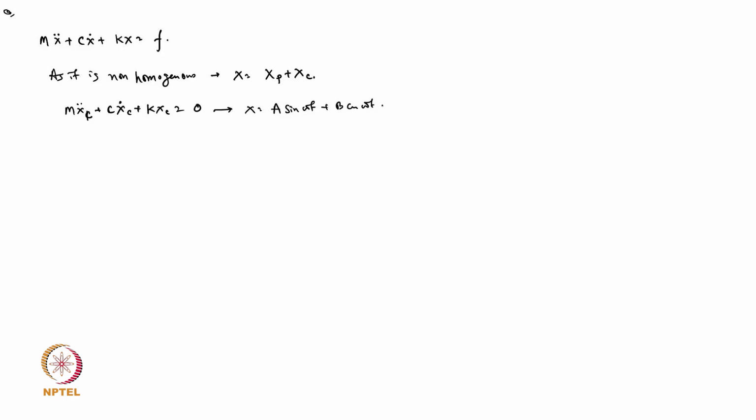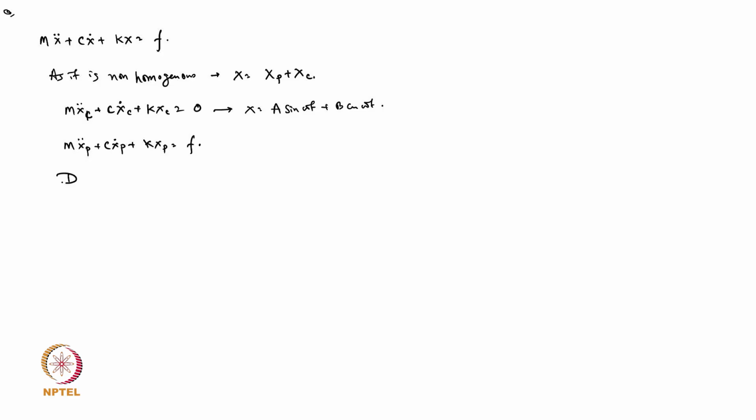That we have seen in the last classes. But for the particular integral, we can use the D operator. So today we will first discuss the D operator, and how we can implement it for solving different types of forcing functions.